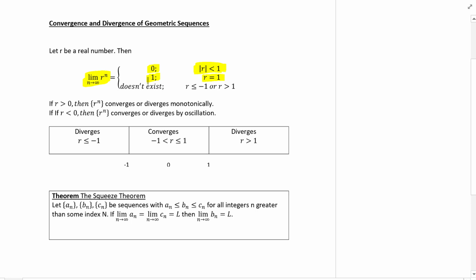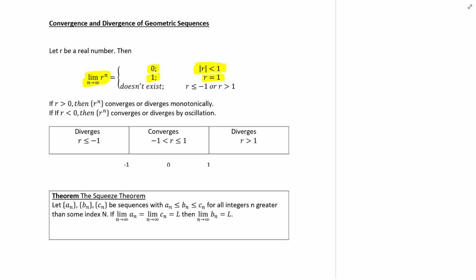And if r is strictly less than negative 1 or strictly greater than 1, the limit doesn't exist. Here it actually doesn't exist for r less than or equal to negative 1. So at negative 1 it also doesn't converge.